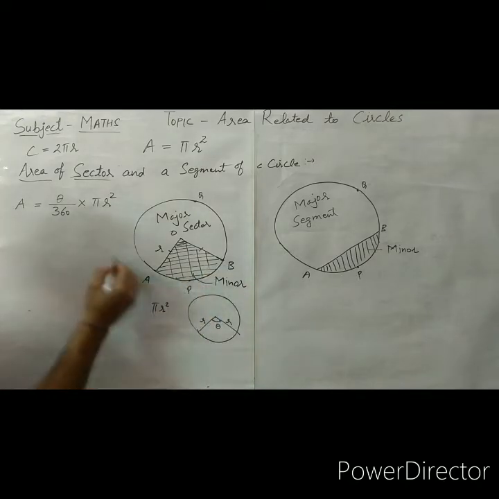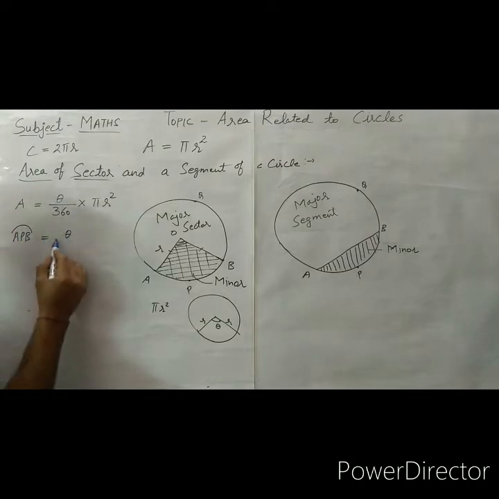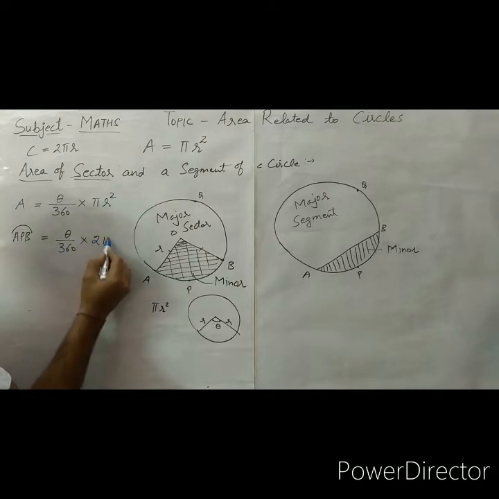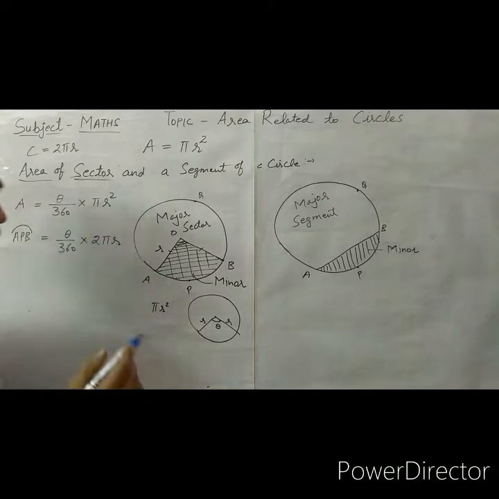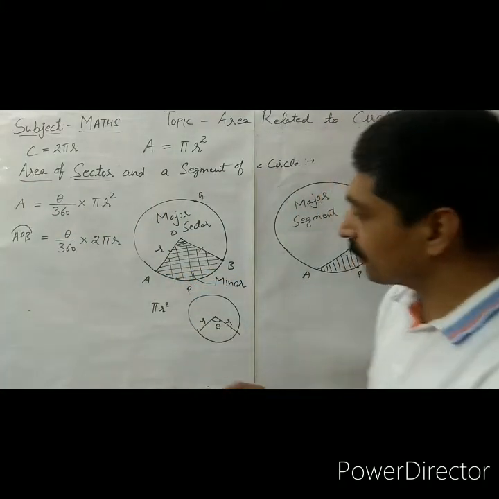whereas the length of the arc, this APB, I am denoting arc in this way, is always equal to theta upon 360 into 2 pi r. So I hope you are very much clear with the length of the arc.